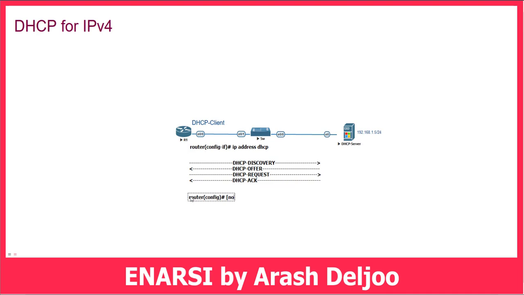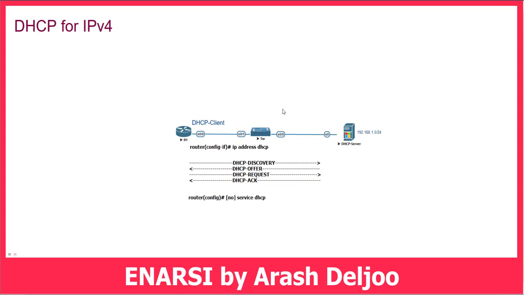But if you want, you can enable or disable it with the command service dhcp. The service DHCP is enabled by default. You don't need to enable it, but if the DHCP service as a client or as a DHCP relay agent doesn't work in the router, you can verify that the DHCP service is enabled on the router.